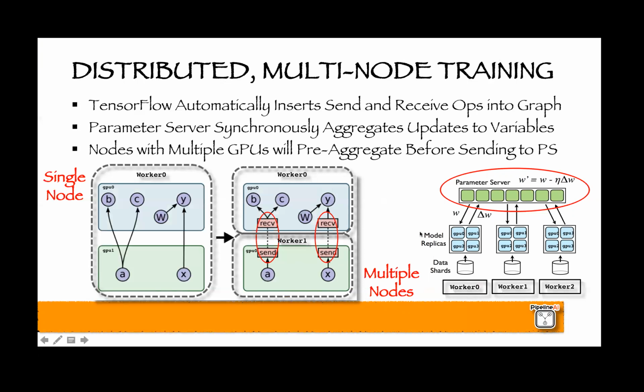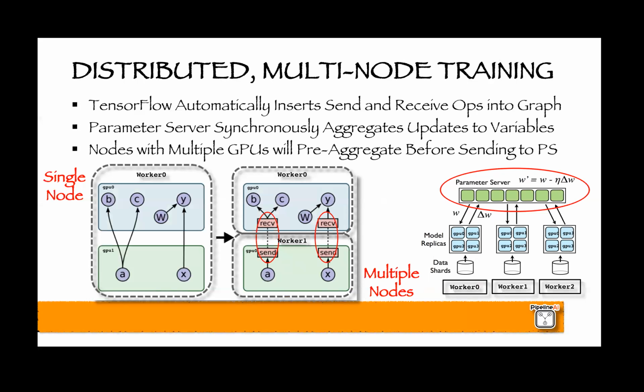And so each GPU after each mini batch has its gradients, its hints as to which way each variable should go. There's one cool optimization that TensorFlow does, and Spark does this as well. It can pre-aggregate on each node.